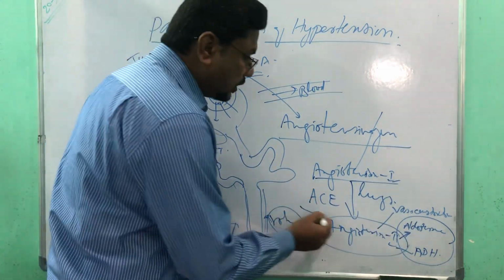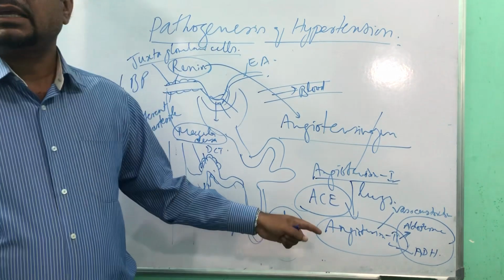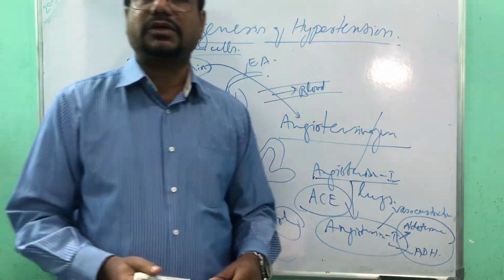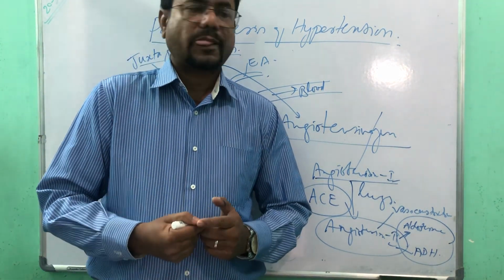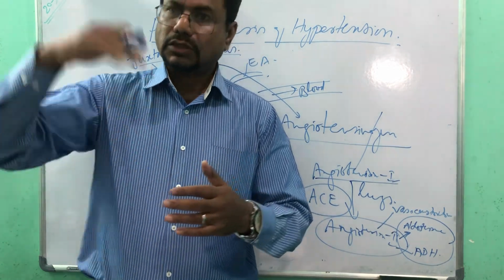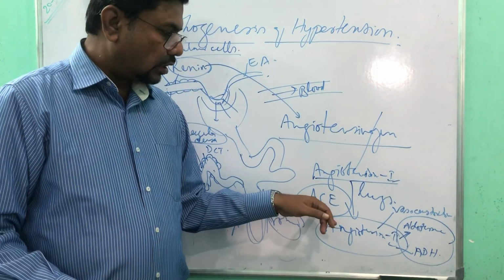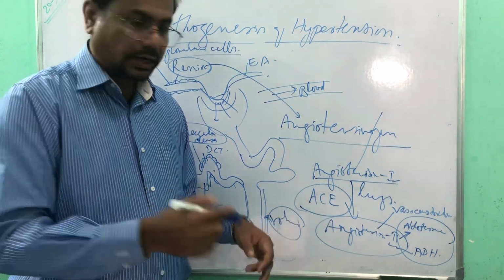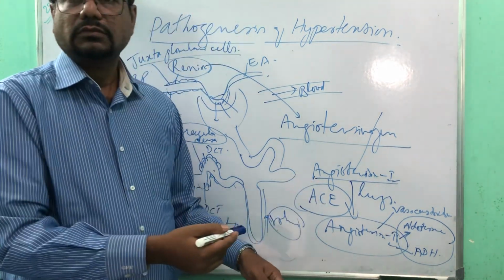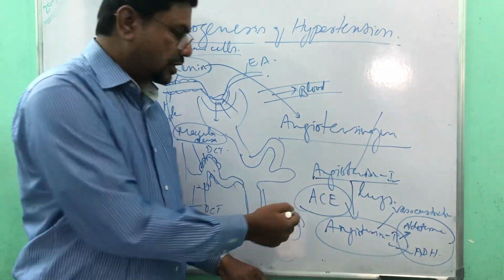Very good, this drug, ACE inhibitors. What do you mean by inhibitor? Inhibit means to make it not have that action. If we give a drug, the drug will bind to this enzyme, ACE, angiotensin converting enzyme.